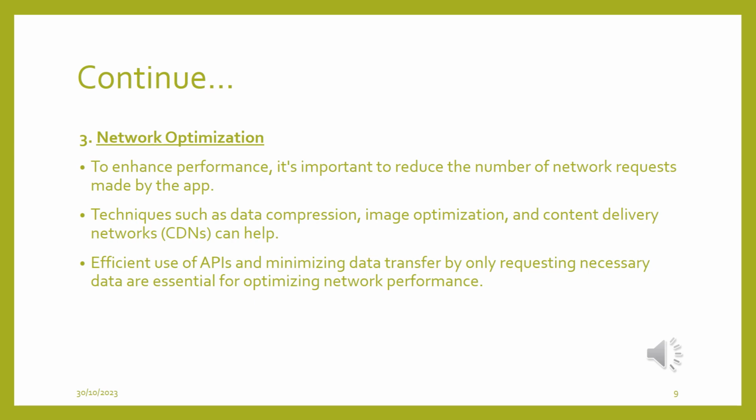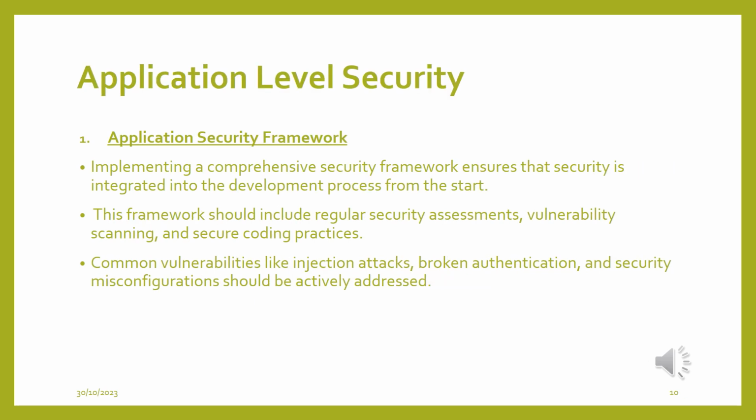Techniques such as data compression, image optimization, and content delivery networks can help. Efficient use of APIs and minimizing data transfer by only requesting necessary data are essential for optimizing network performance.